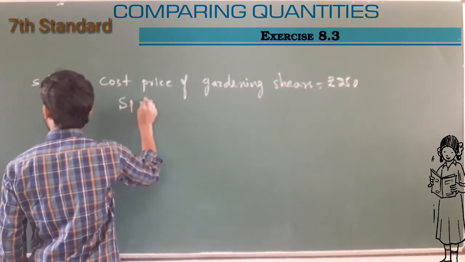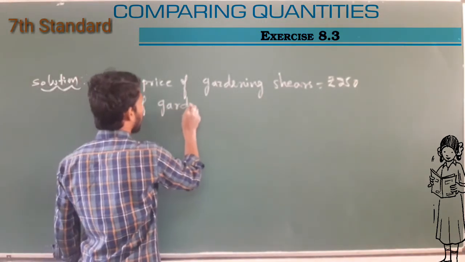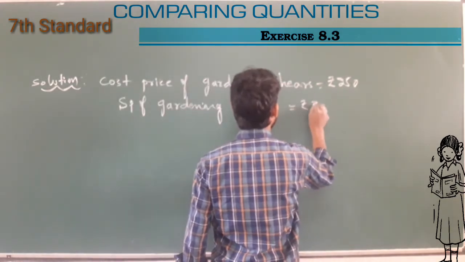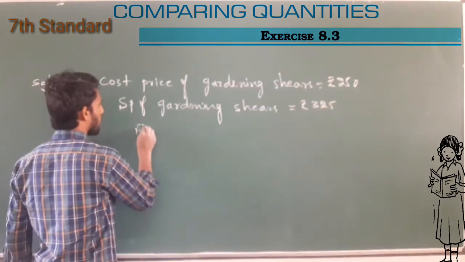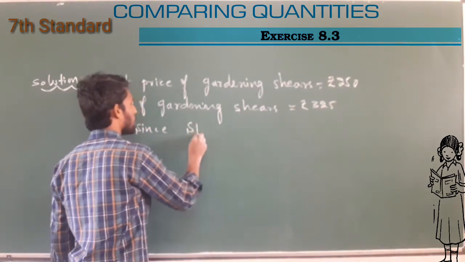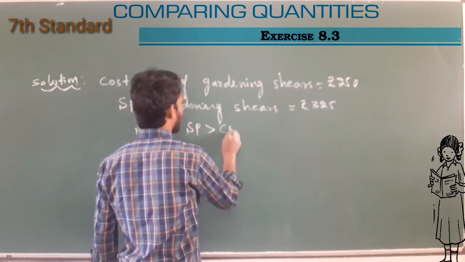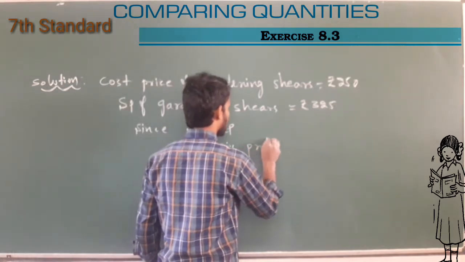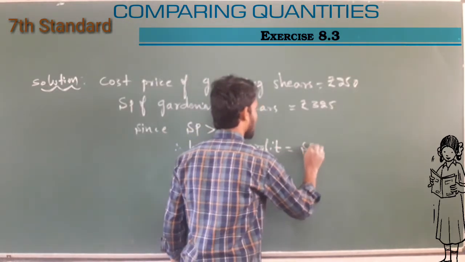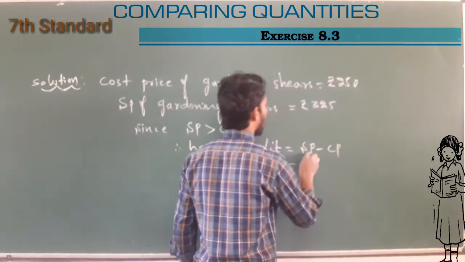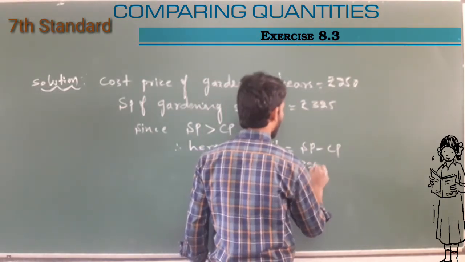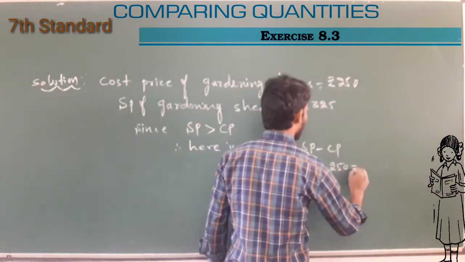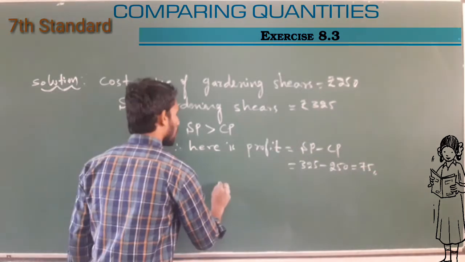Selling price of gardening shares is 325 rupees. Since selling price is greater than cost price, therefore there is profit. Profit is equal to selling price minus cost price. Selling price is 325 rupees and cost price is 250 rupees. When we do the subtraction, we get 75 rupees.